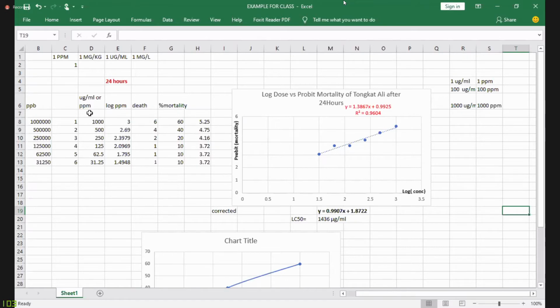So this experiment was initially conducted by double diluting. The highest concentration is 1,000 parts per million. So this is the range of the concentration from 1,000 parts per million to 500 parts per million, 250 parts per million. It's not always to double dilute the concentration, but if you do this with zebrafish in the wells, you can do the half dilution or double diluted to get up to this point.